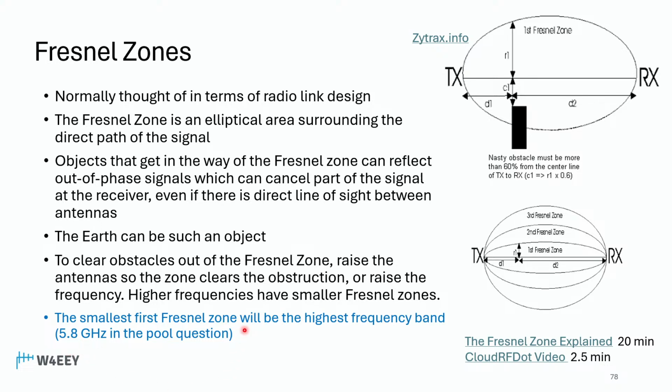It says first Fresnel zone. So the concept here is that within the first zone, anything that impinges on that zone is going to cause destructive interference, out of phase. The second will be in phase, the third will be out of phase, but the one that they're concerned about for path design is just the first Fresnel zone.